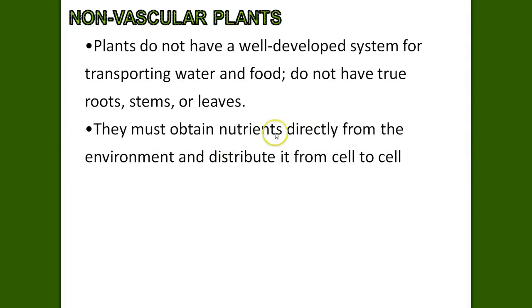They have to obtain nutrients directly from the environment and distribute it from cell to cell. That sounds kind of confusing, but I've always told my students to imagine you'd have a little bucket of water over here, and there's all these little plant cells, and this cell way over here is thirsty.